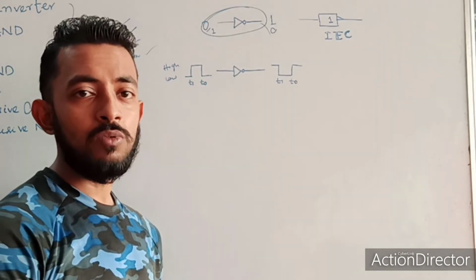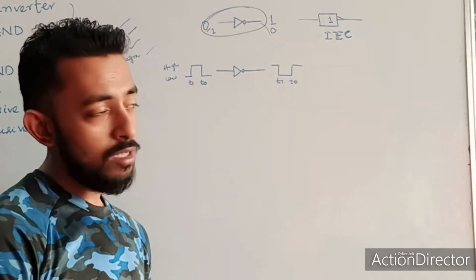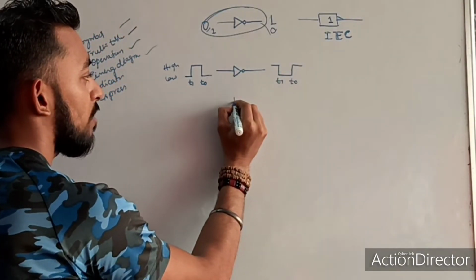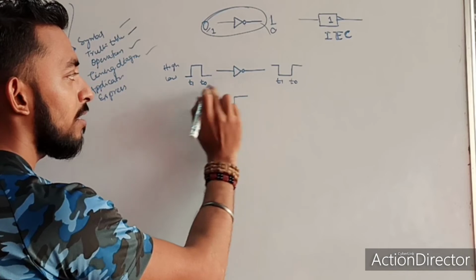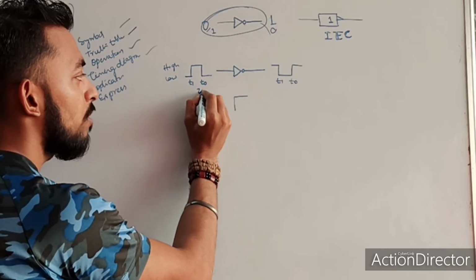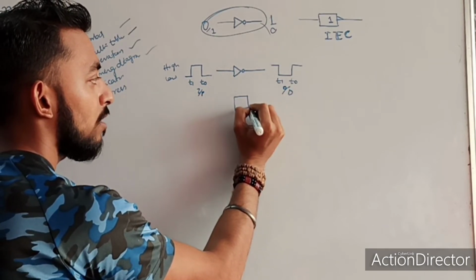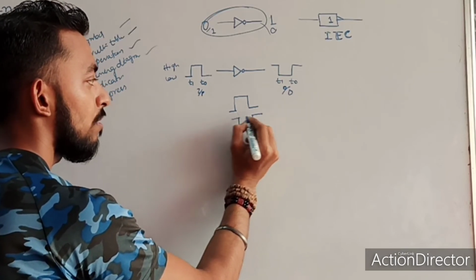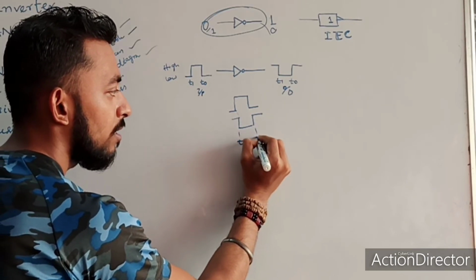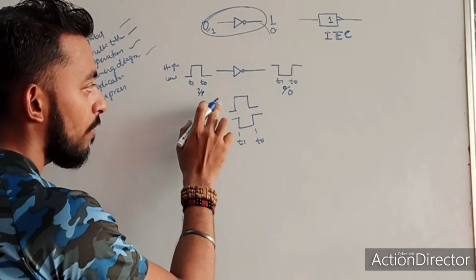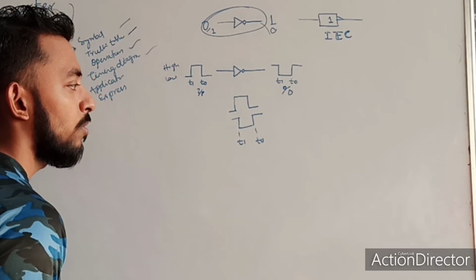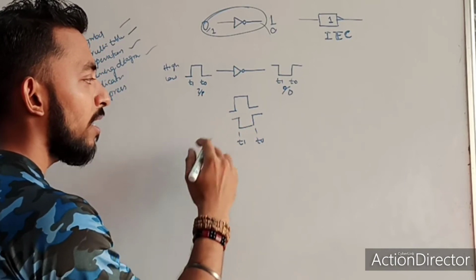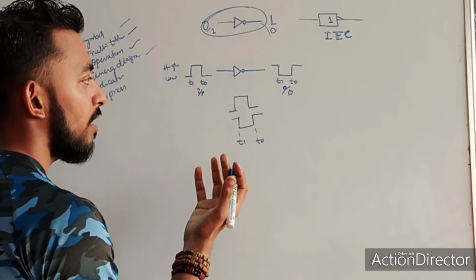The timing diagram for this inverter gives the same expression. Suppose I take these two signals, this is my input, this is my output. This is T1, this is T0, the upper one is my input, the lower one is my output.